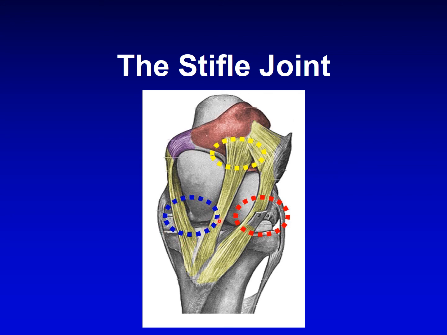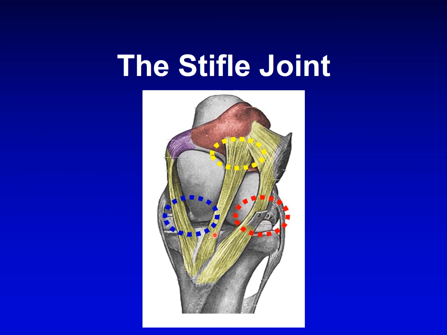femorotibial joint. Now, let me draw your attention to the fact that the lateral and the medial compartments of the femorotibial joint, these two compartments do not communicate. Meaning that if I have a problem with one of them, I have to inject that specific compartment.